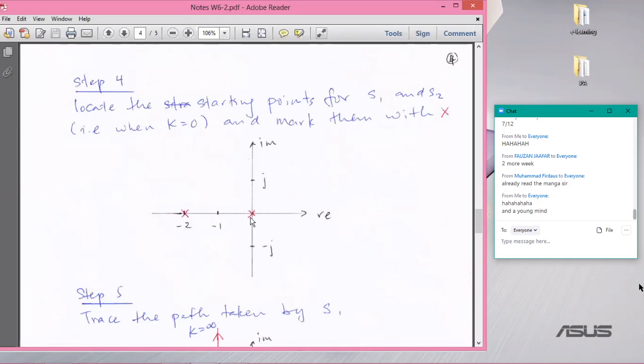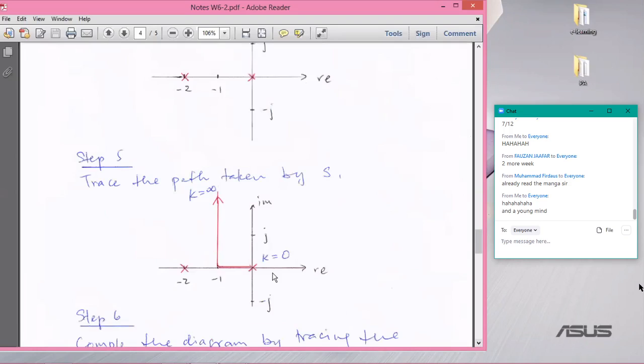Let us first trace s1, the first path. Until k is equal to 1, the roots are still real numbers. When k is greater than 1, it becomes a complex root.